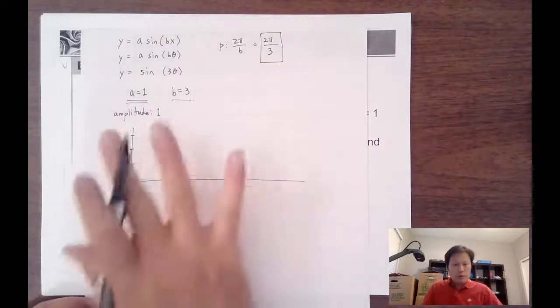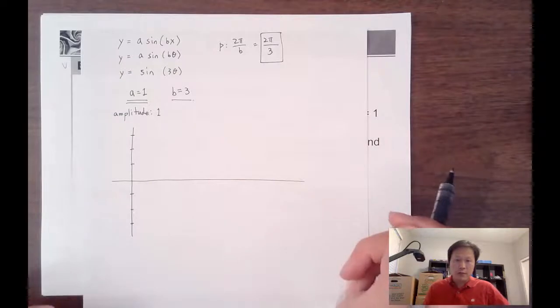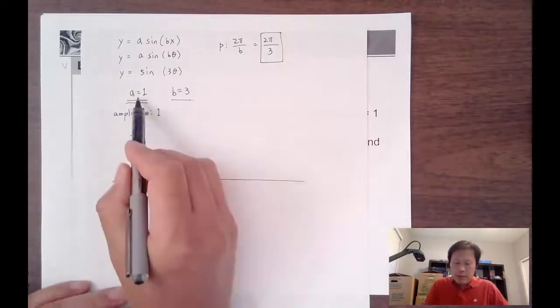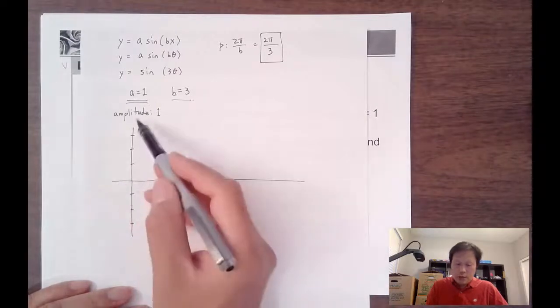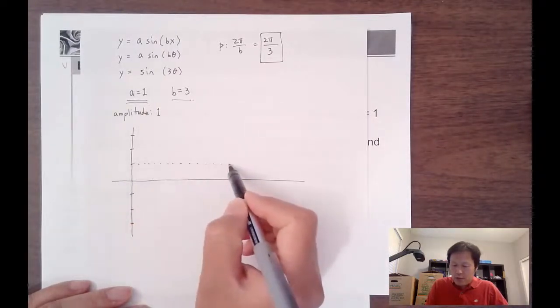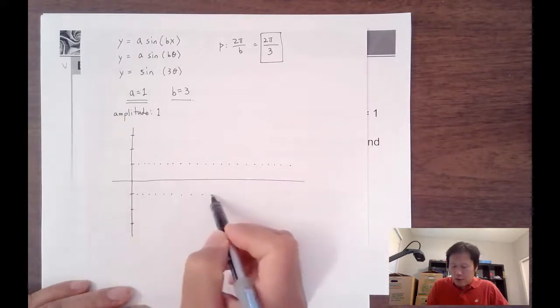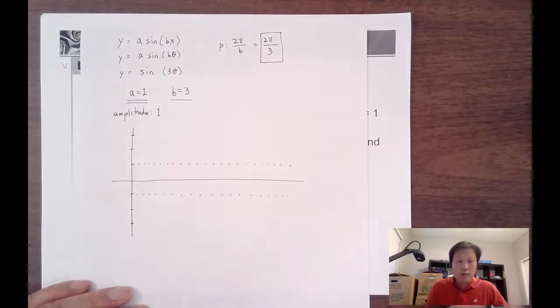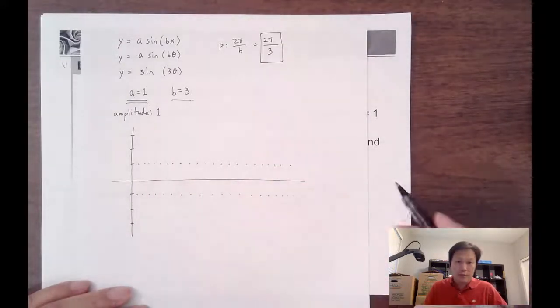If your graph already has a grid, then it's going to be easier for you. Amplitude is 1, so you start from the middle line here. You go up by 1, that's the maximum line you can go. Down by 1, this is the minimum line you can go. It will swing between these two, maximum and minimum.